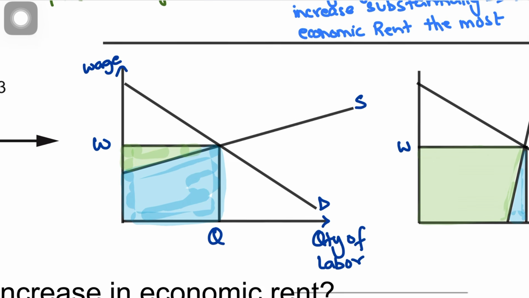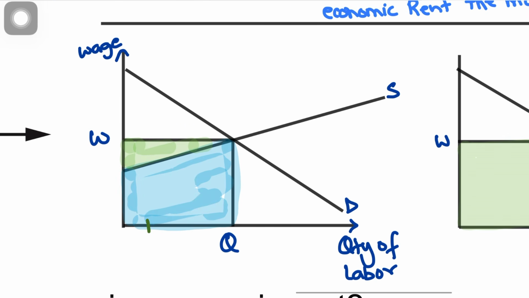If you're hiring Q1 or N1 workers, this is the transfer earnings for N1 workers, and this is the wage. So this vertical distance represents economic rent for Q1 workers.